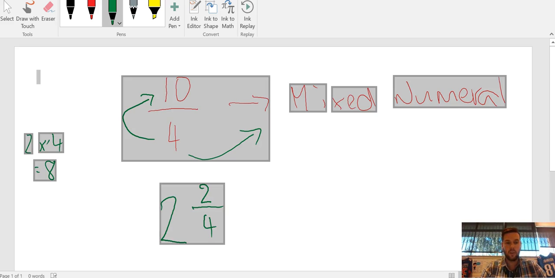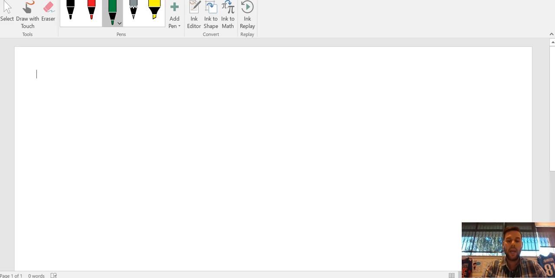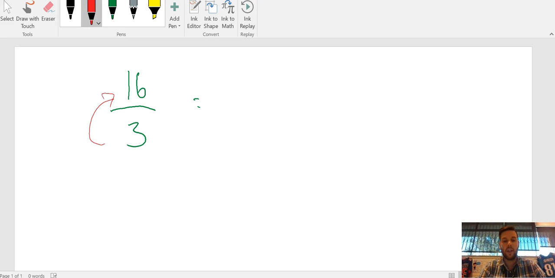Let's do another one. Say if I give you 16 thirds. So you need to ask yourself, how many times does 3 go into 16? We should be able to know from our multiplication, 3 times 5 equals 15. So that means we've got 5 wholes.